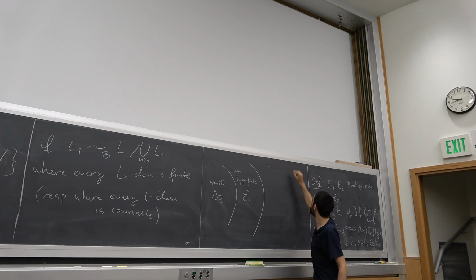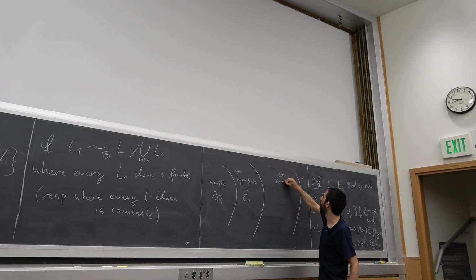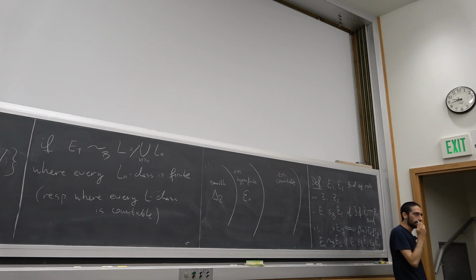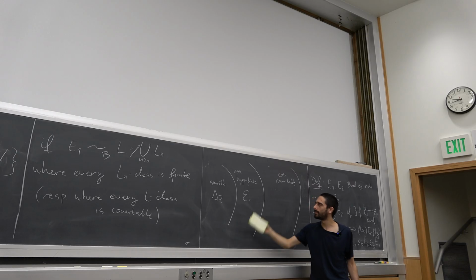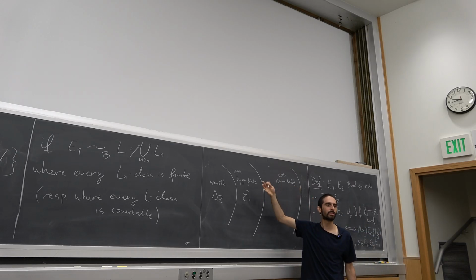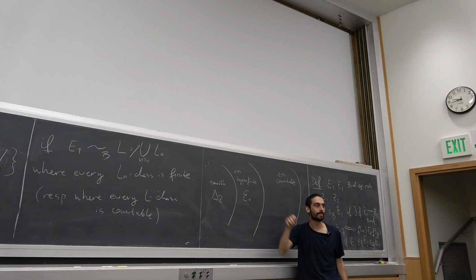You have a bunch of things here, all under the umbrella of essentially countable things. And you have even more relations that are not essentially countable. Okay? So I want to ask the question: where is conjugacy of minimal actions of G in this hierarchy?